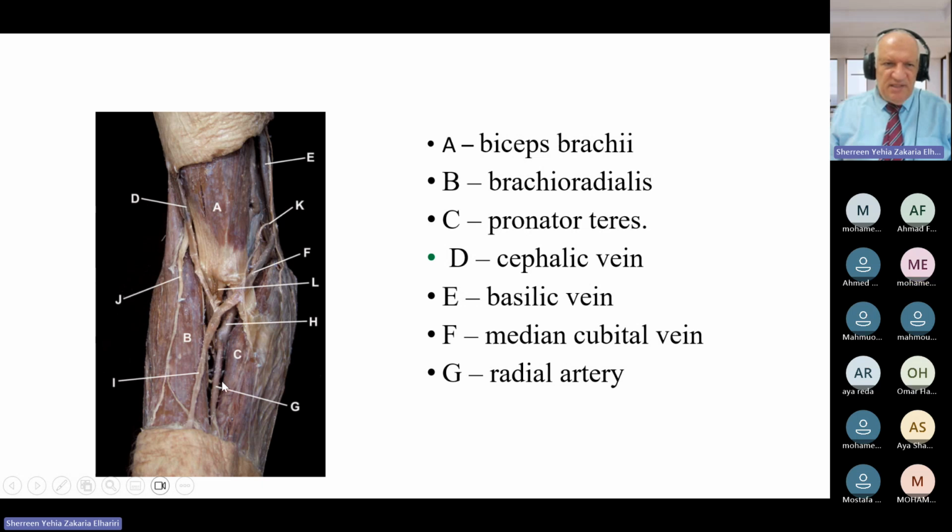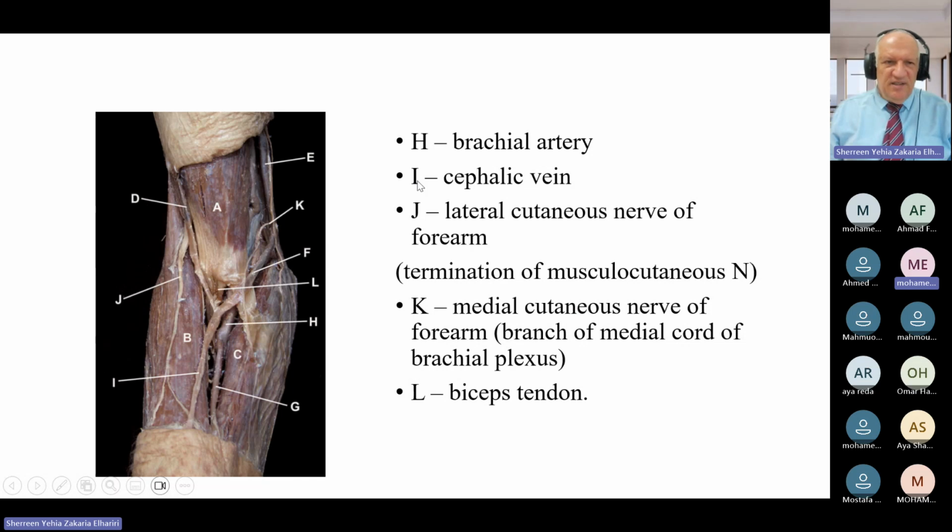G, I think, is the radial artery down. So what is J? J is the lateral cutaneous nerve of the forearm, a tiny nerve. And what is K? K here is the medial cutaneous nerve of the forearm. So K is the middle, J is the lateral cutaneous nerve of the forearm.